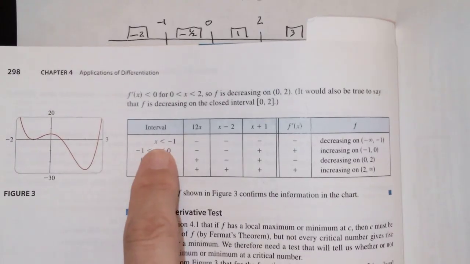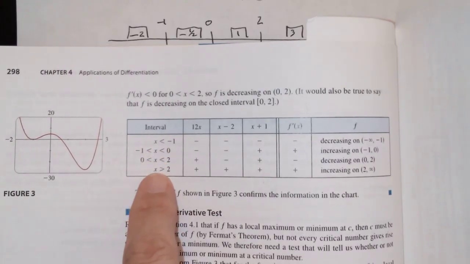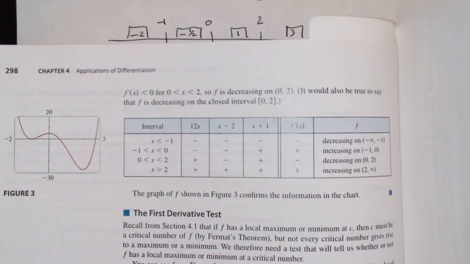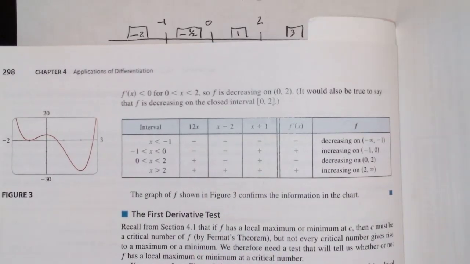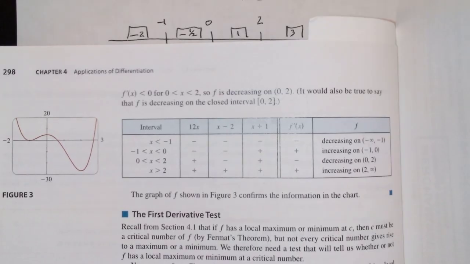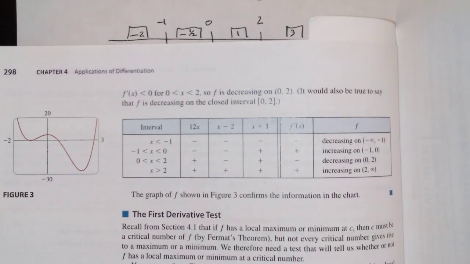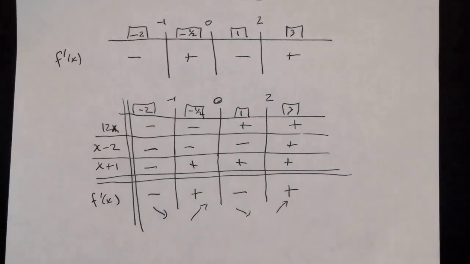So less than -1, between -1 and 0, between 0 and 2, and bigger than 2. And they've written them as intervals. And then here they're doing what I did across each row. If you like this idea laid out better, go for it. Lots of options available to you. Questions?